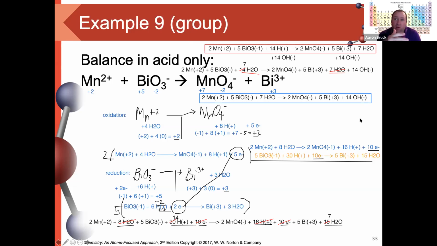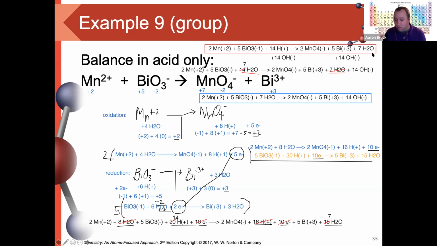And so once you get it in acid, turning it into base isn't usually that difficult. Sometimes, if we find that our hydrogen and our water are on opposite ends, literally all that happens is that it flips around. The waters move over to the reactant side, the hydroxides move in equal and opposite number to the product side, or vice versa.